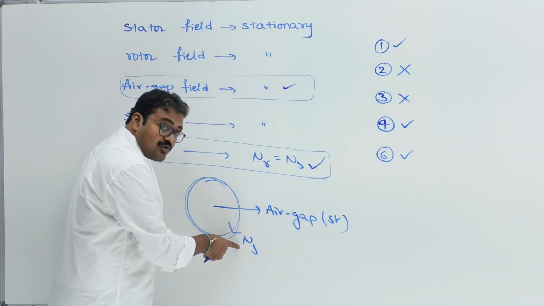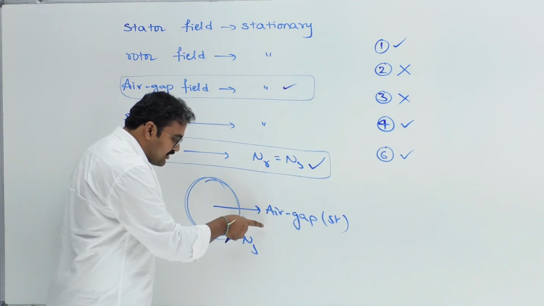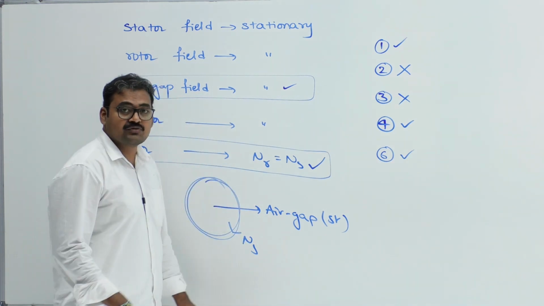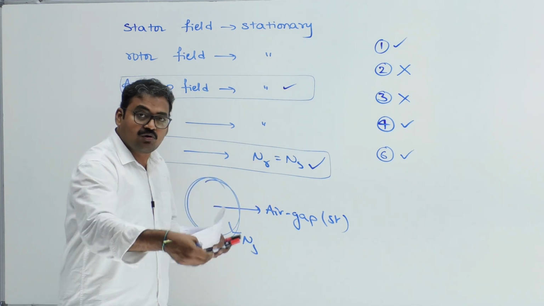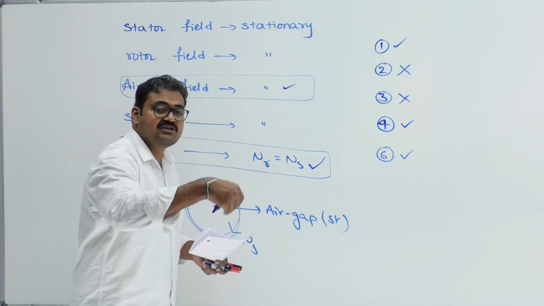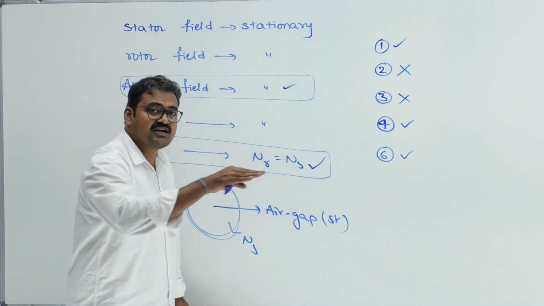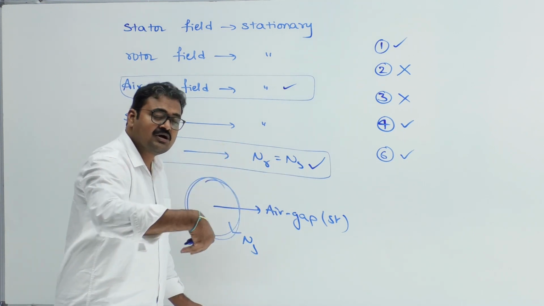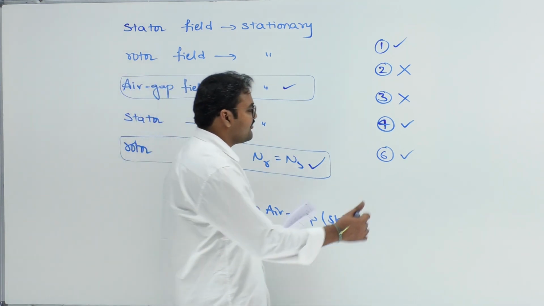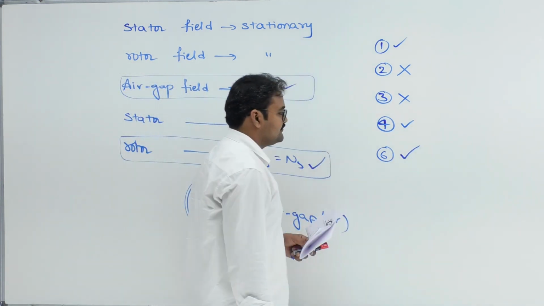But with respect to rotor, it is said to be rotating in the direction of rotor or opposite direction of rotor. That example also I told you. You are moving on a bike, road is stationary. But with respect to your bike, the road is said to be moving in the direction of your bike or opposite direction? Opposite direction. That is what is mentioned in statement number 6. Therefore, the sixth statement is correct.